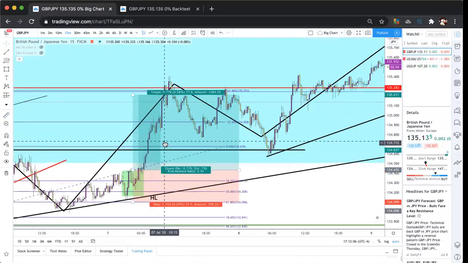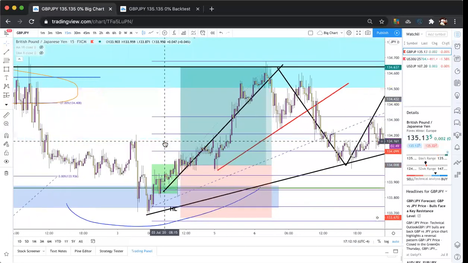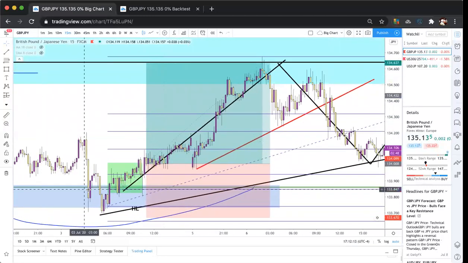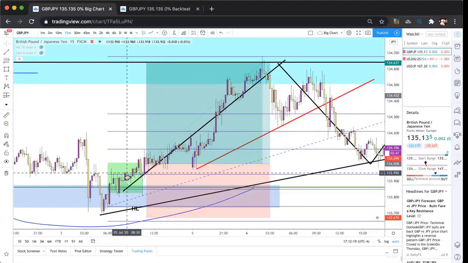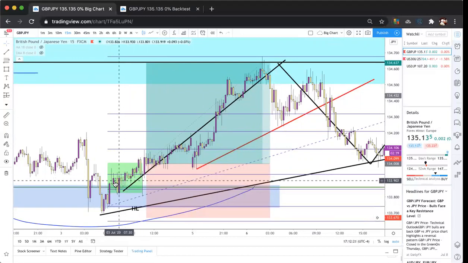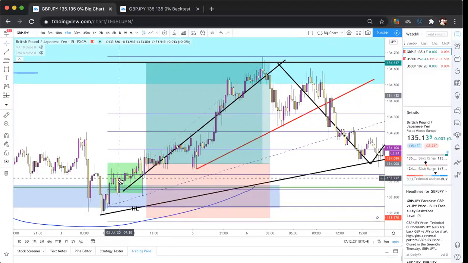Right, same thing here. 1, 2. You want to make sure, even if it's 1, 2, 3, 4, 5, all of this looks attractive, right? Because you had exhaustion. You already had a higher low point right here.